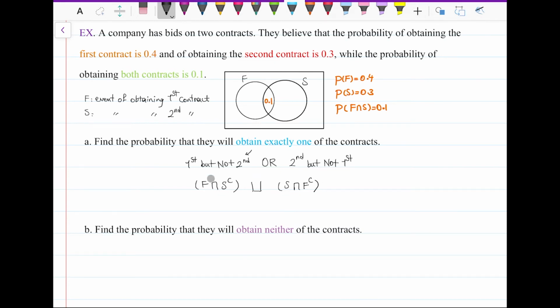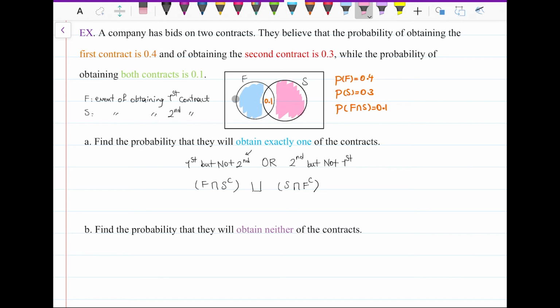Okay, so where are they in the Venn diagram? F intersection with S complement is here. All the elements of F that are not in S are here. And S intersection with F complement would be all the elements of S that are not in F, here. As you see, these two sets are disjoint.